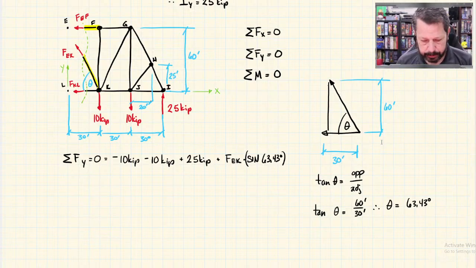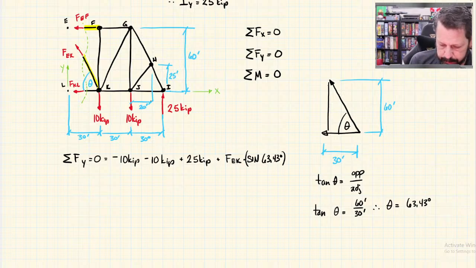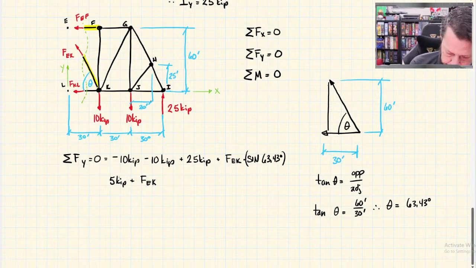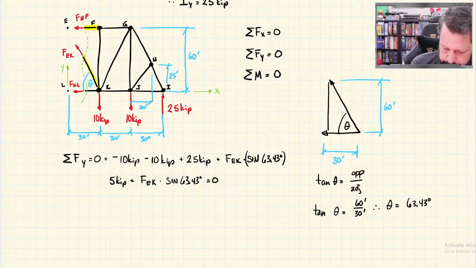All right, so let's do our math here. So we've got -10, -20, plus 25, so that's 5 kips. And then plus FEK, whoops, not X, K, times sine of 63.43 degrees equals 0.